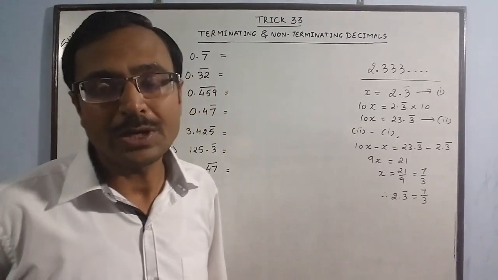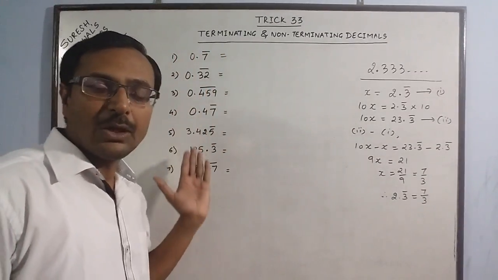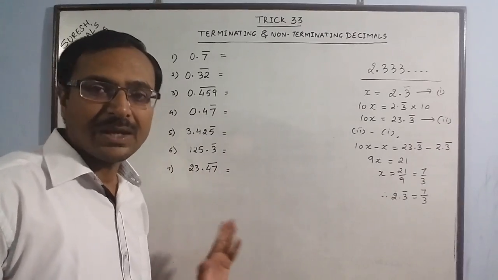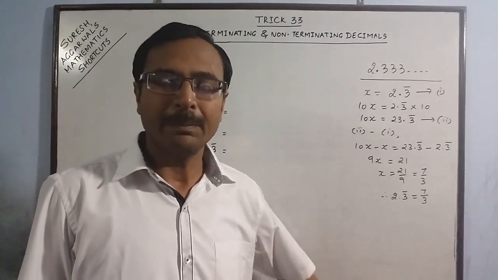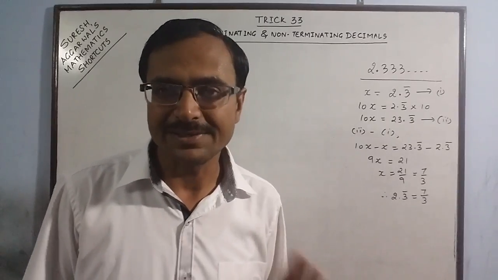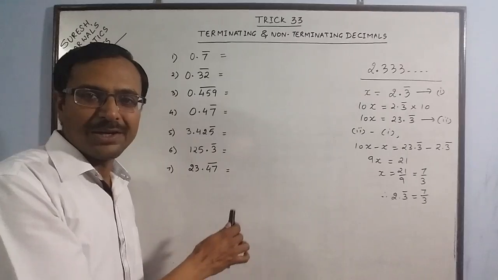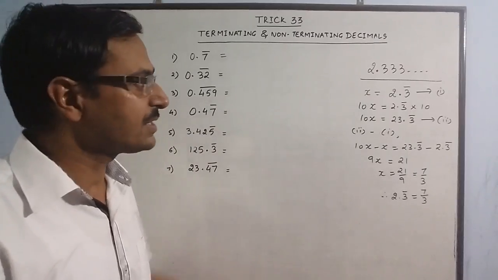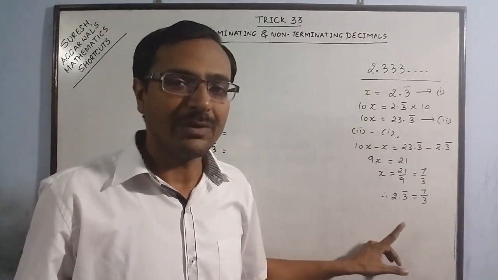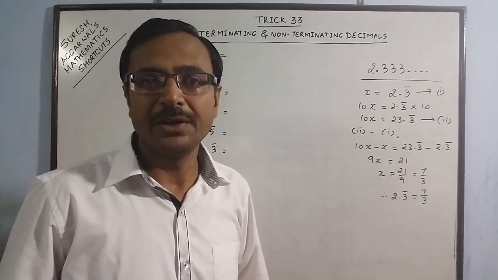So today I am going to tell you one shortcut through which you can represent any non-terminating decimal in the form of p by q in a matter of just 3 seconds. All these 7 questions can be solved in 20 seconds only, whereas in the traditional method, one problem will definitely take at least 2 minutes for the child to complete.